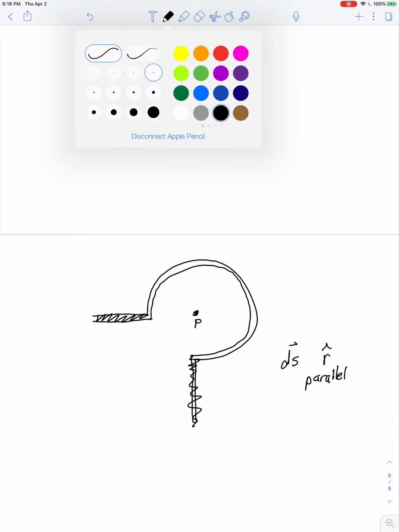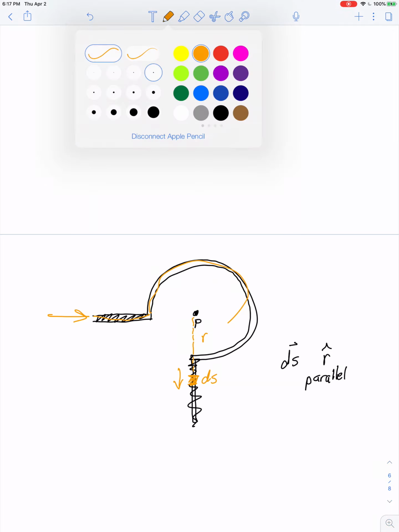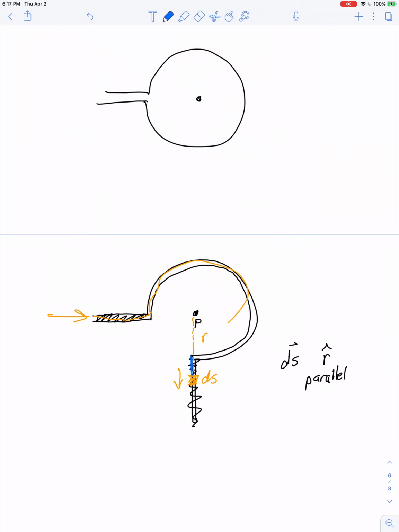Just to illustrate that one more time, let's pick a ds here, and if current flows this way and comes around, then ds is a vector that points down in that direction. And that's r, so r hat is a vector 1 unit long pointing this way.